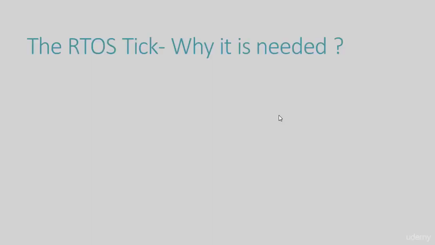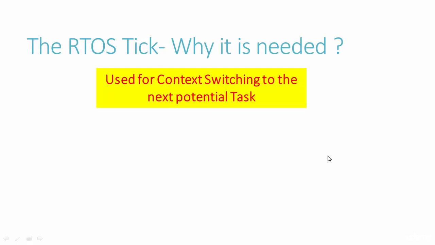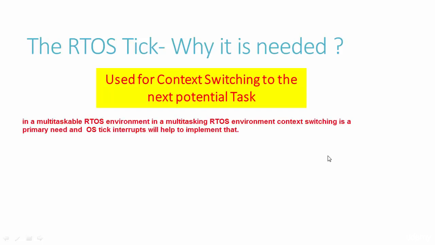Now, the tick interrupt is also used for scheduling, or you can say context switching. Yes, the RTOS tick interrupt is also used for context switching to the next potential task. This is also one of the major uses of the RTOS tick interrupt.